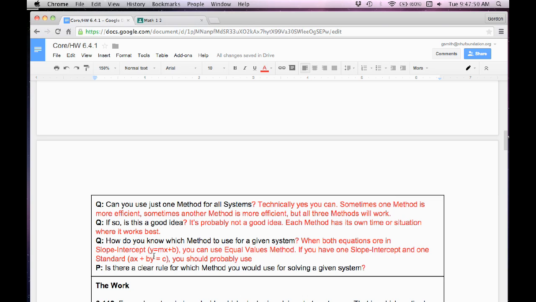Therefore, when you see y in the other equation, you can plug in the mx plus b value where you see the y. So plugging in a known value into another equation is called substitution.